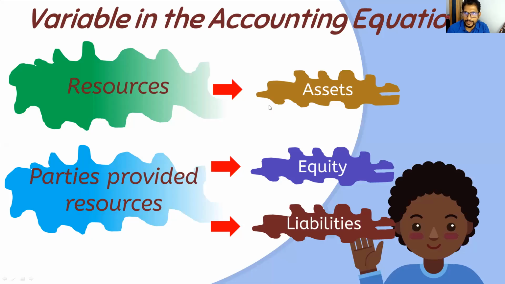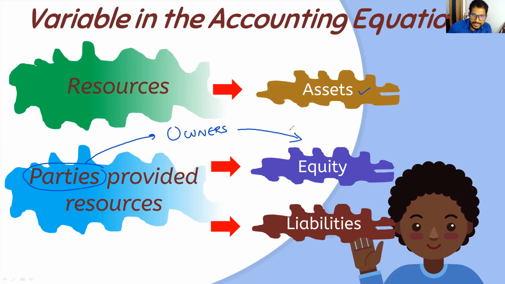Now, what I've told you: there are two parties who provide resources to a business. First one is owners. The amount of resources or assets which have been provided by the owners is called equity. Are we clear? The amount of assets provided by owners to a business is recognized as the equity of the business.